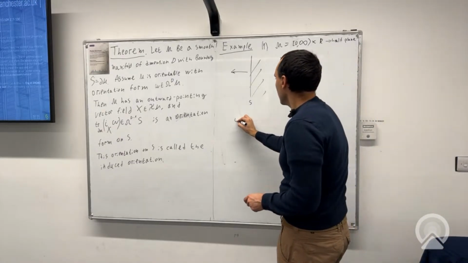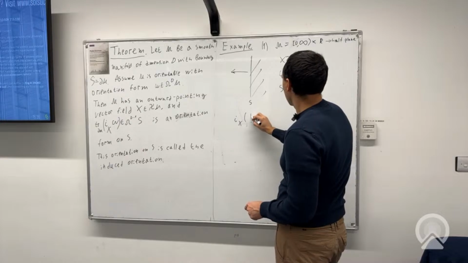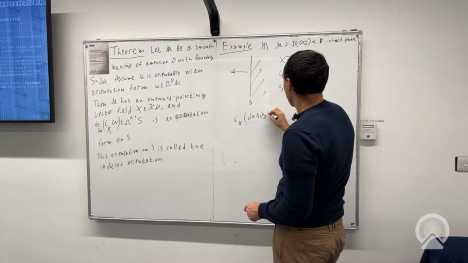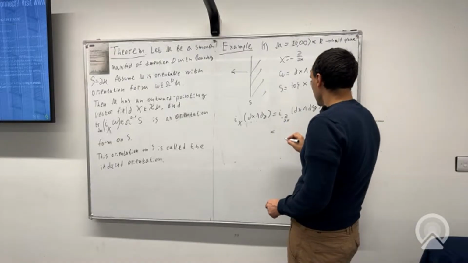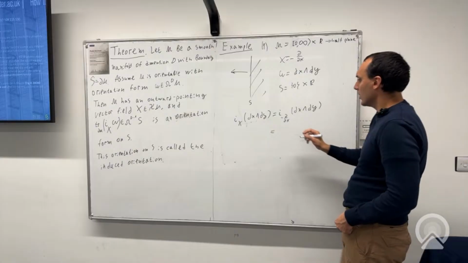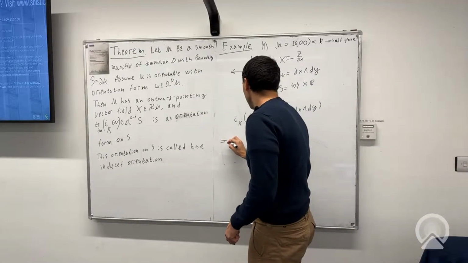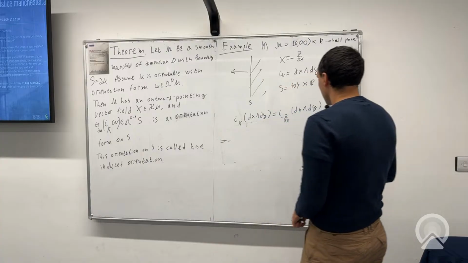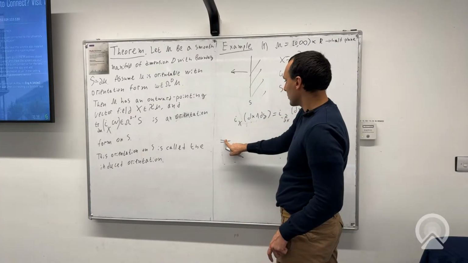Now, iota of X of omega. So again here we have the Leibniz rule. Let me write it here to get more space. I will just put the minus on the outside.